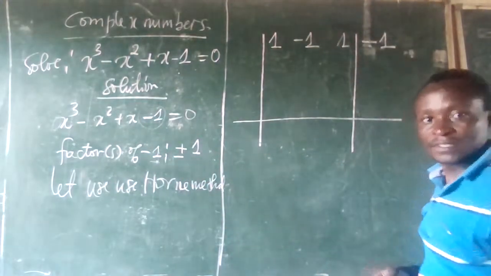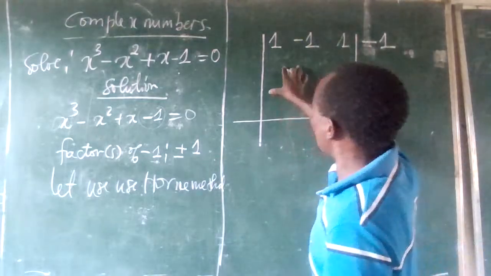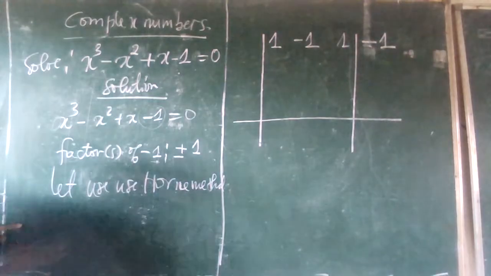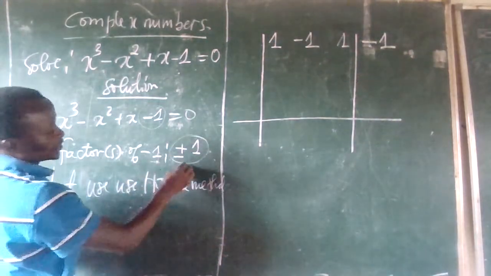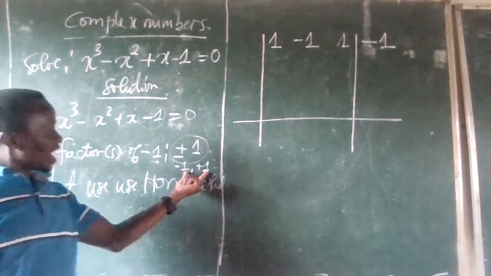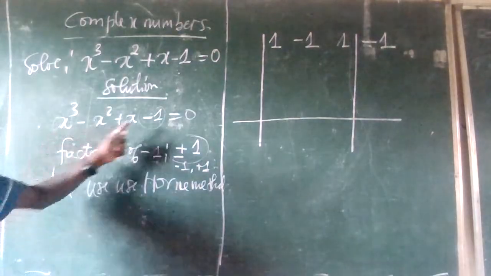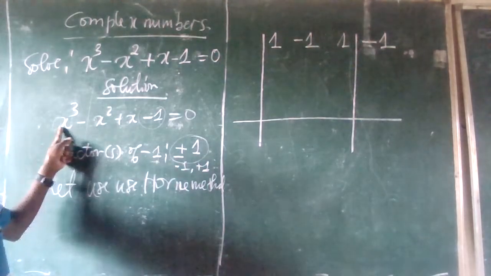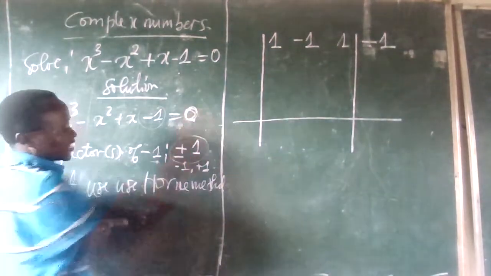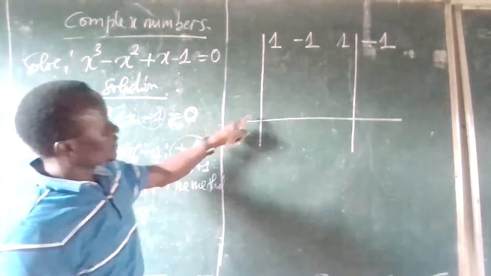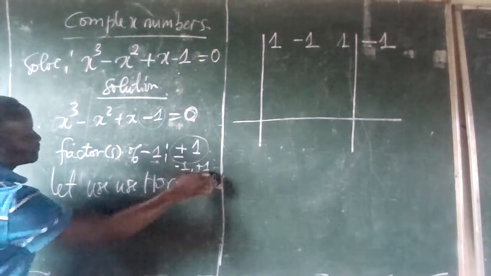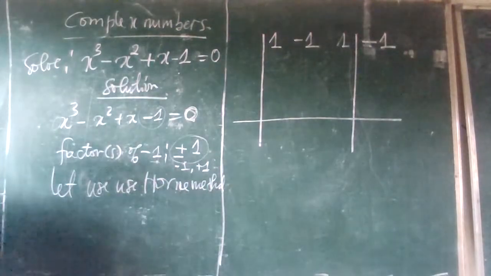Right? Good. So, before continuing, we have to take a factor from those two factors, because here we have minus 1 and plus 1. We take a factor and substitute it into our equation where x is, and you should get 0. After getting 0, that factor we will write here. Let us choose any factor among those.